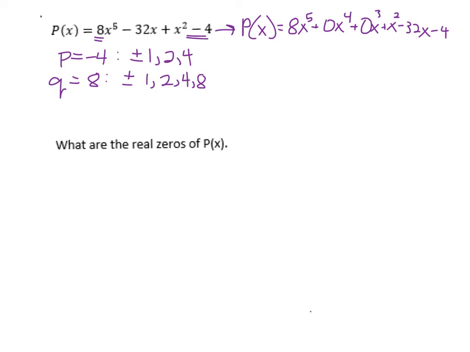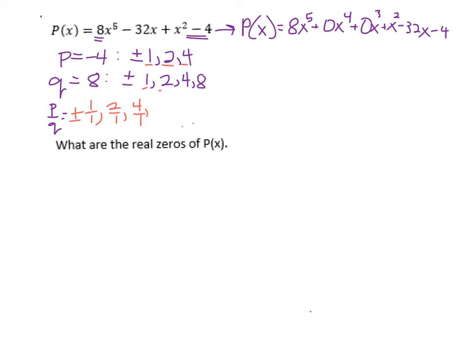So let's see what we can come up with for this one. Numbers that go into P over Q. Let's do that list. I'm going to take all 3 of them, 1, 2, and 4, and put them all over 1 first. So it's plus or minus 1 over 1, 2 over 1, and 4 over 1.